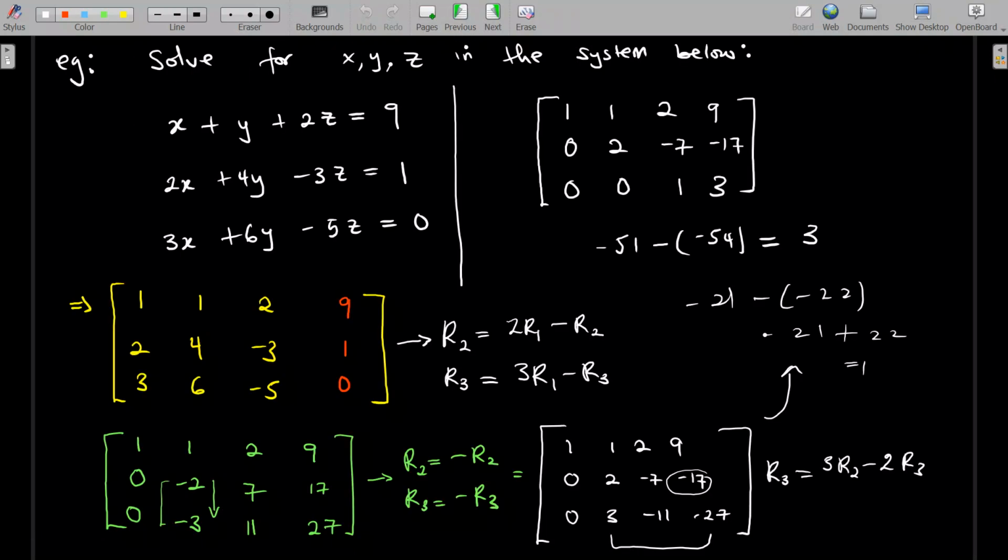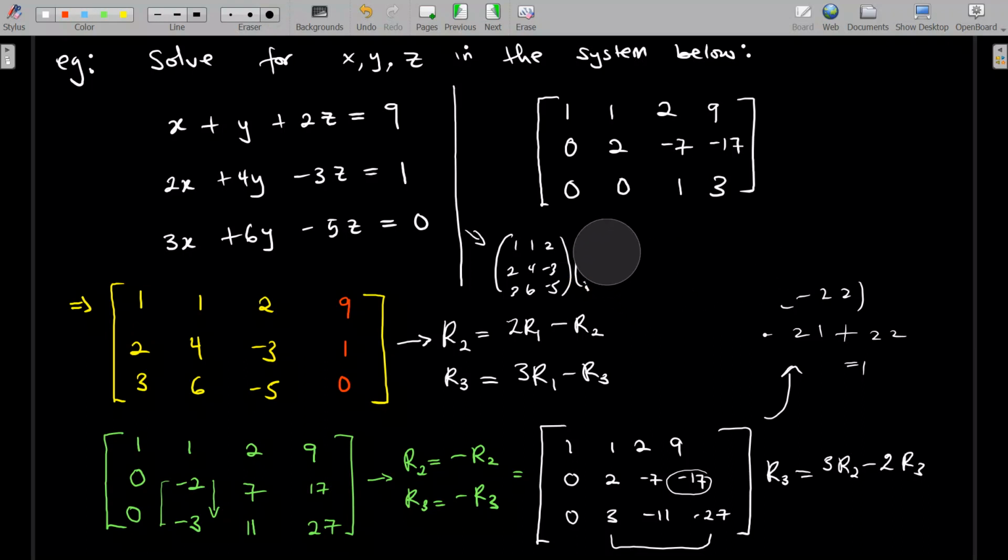If you're supposed to really look at this in terms of matrices, I've not taught matrices, that's what I'm not doing, but this whole equation can be rewritten as a matrix 1 1 2, 2 4 -3, 3 6 -5 times x y z, multiplying x, y, z should be equal to 9, 1, 0. If you've done matrices, you understand this.